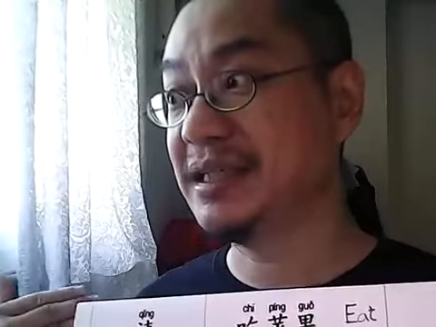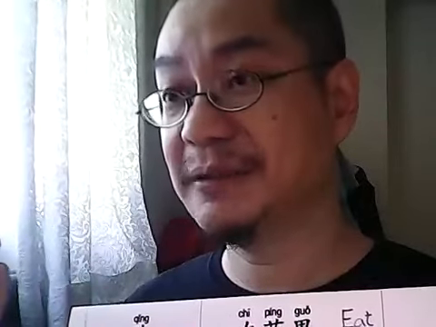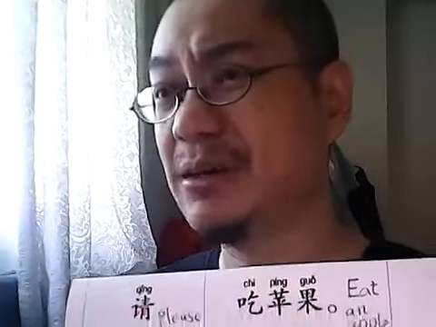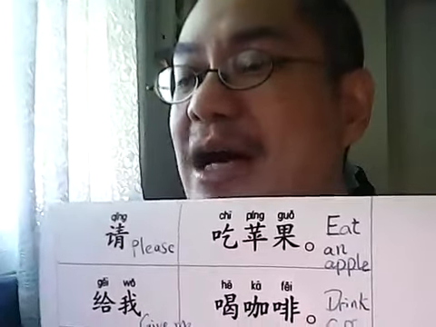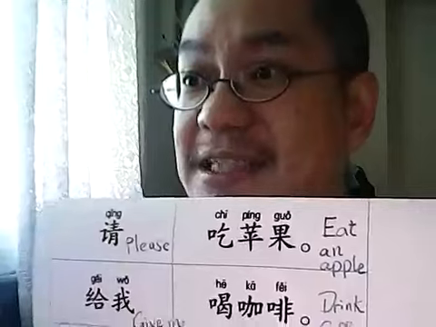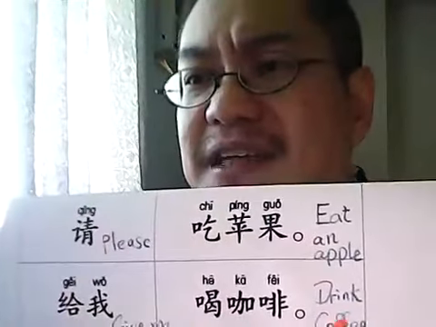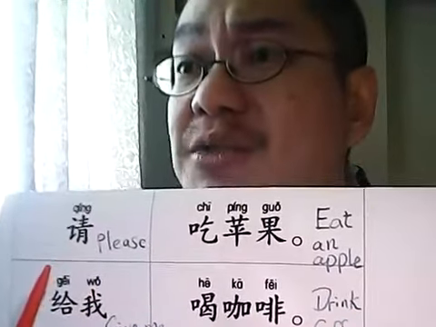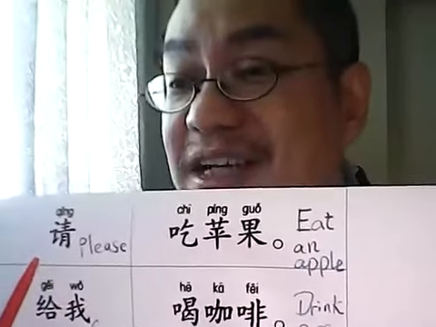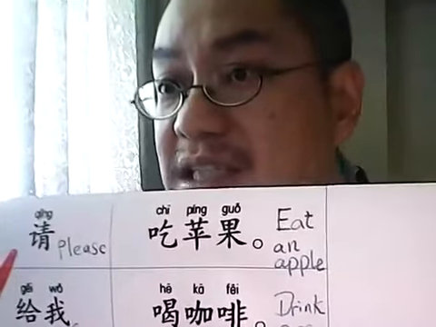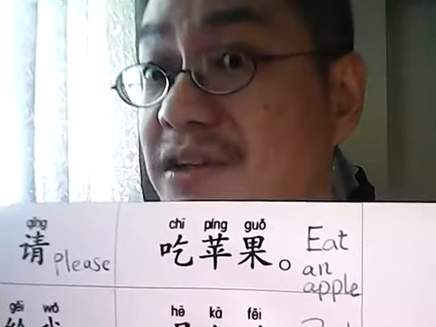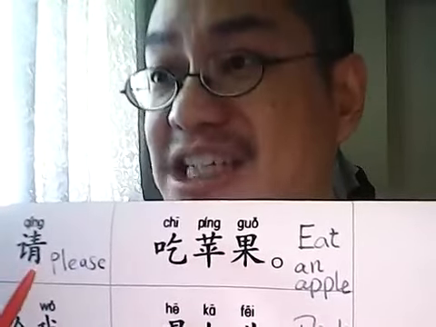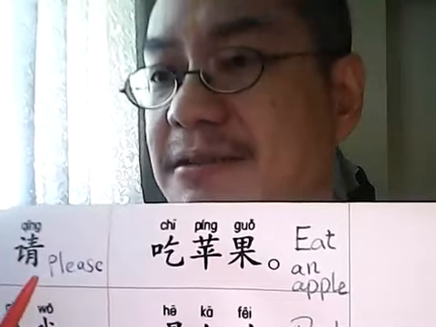We need to sound like you are well-mannered, right? So how can we do that in Chinese? That is not that difficult. You can use the magic word here, and this magic word is in HSK level 1, and you have to learn it. And this magic word is 请.